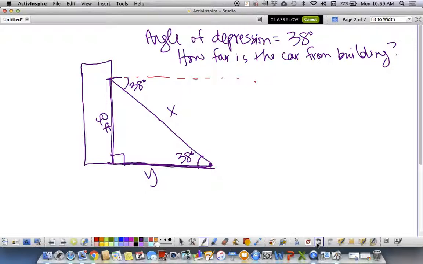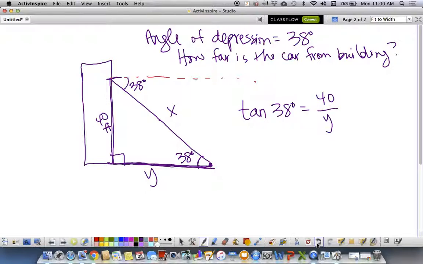What are you going to write? What's your equation going to be? Tangent 38. Tan of an angle equals what? So it'd be 40 over Y.